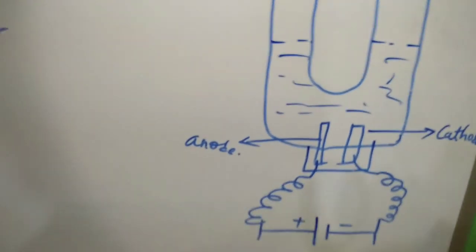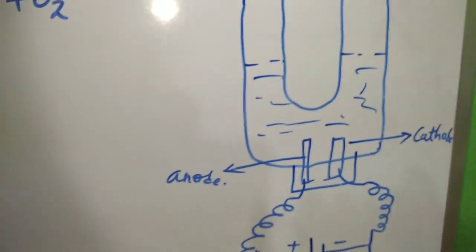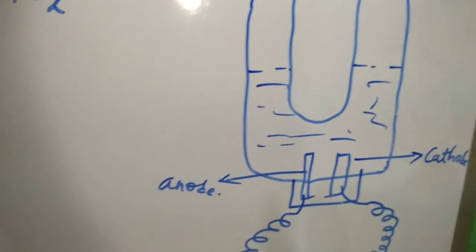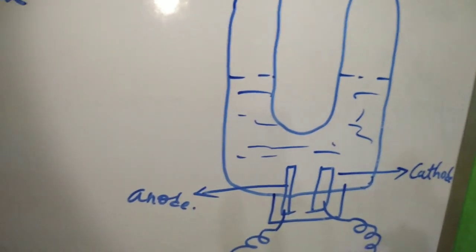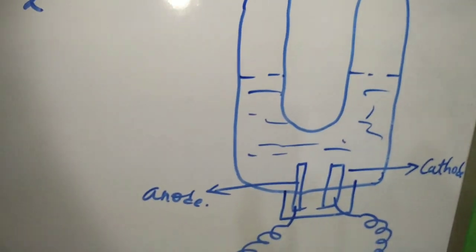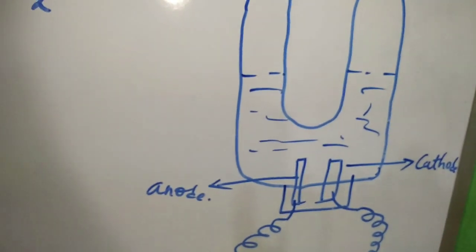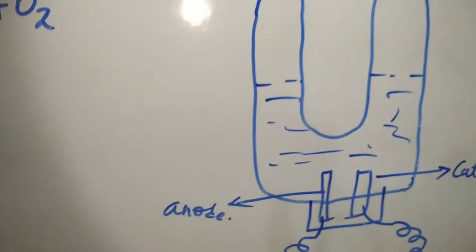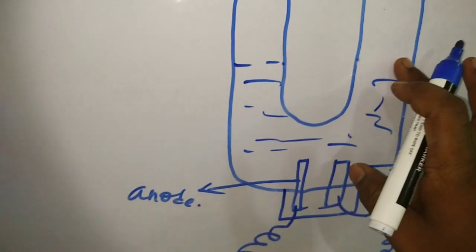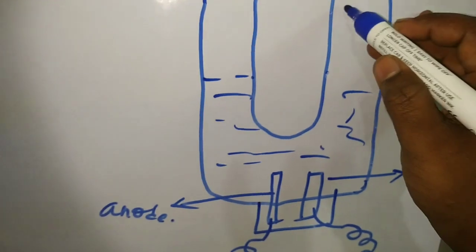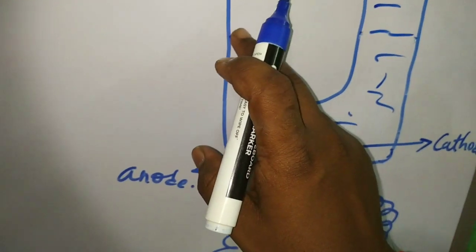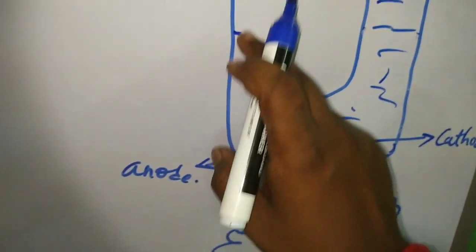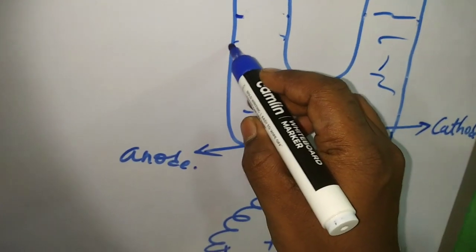Okay students, it will carry out the reaction. And how will you understand that hydrogen and oxygen are separated from the water molecule? After some time passes, one of the levels will rise up and one of the levels will decrease.